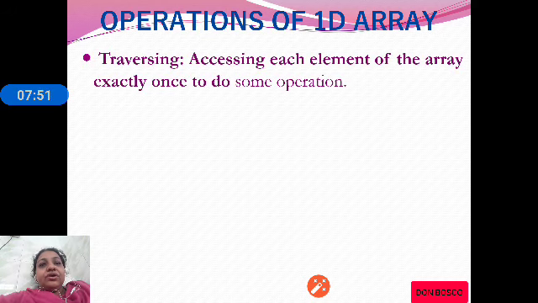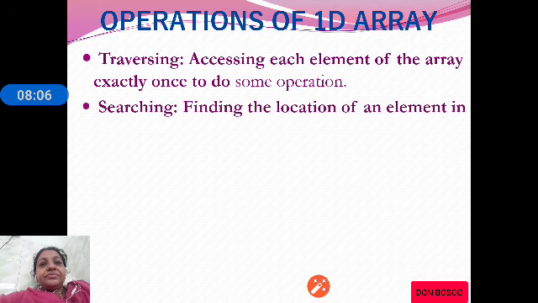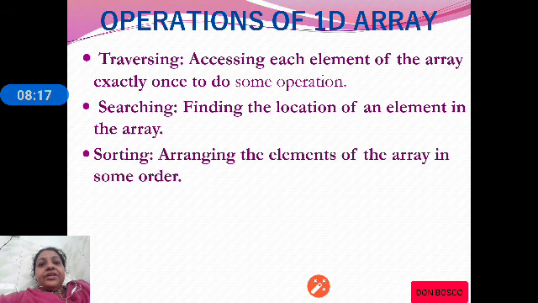Let us have a look at the different operations that can be performed on one dimension array. Traversing. Accessing each element of the array at least one time is called traversal. Searching. So finding the location of the element in the given array is called searching. Sorting.